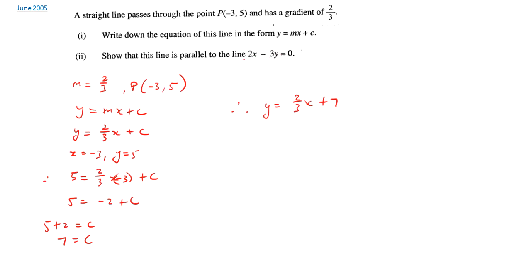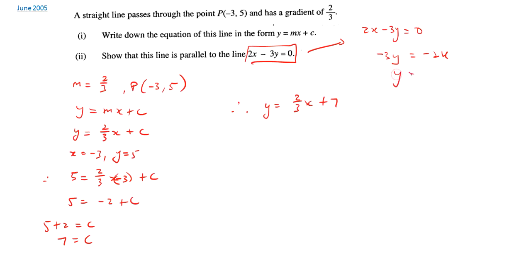Now, we also have to show that this line that we just worked out here is parallel to this line. So how do we do that? We need to show that both of them have the same gradient for them to be parallel. So let's rearrange this one first. So we have 2x minus 3y is equal to 0. And therefore, minus 3y is equal to minus 2x.